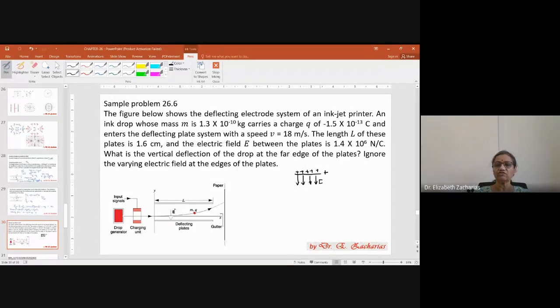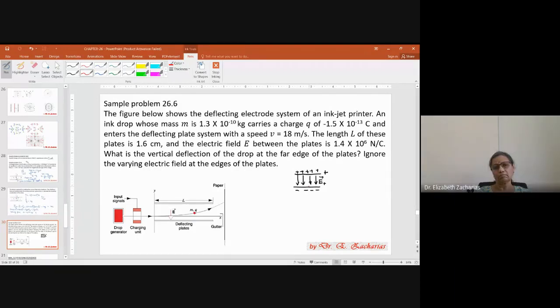Okay, so let's call this field E plus. What will be the field because of a similar negatively charged plate? In between these two, what will be the direction of the field due to the negatively charged plate? Will it be upward or downward?